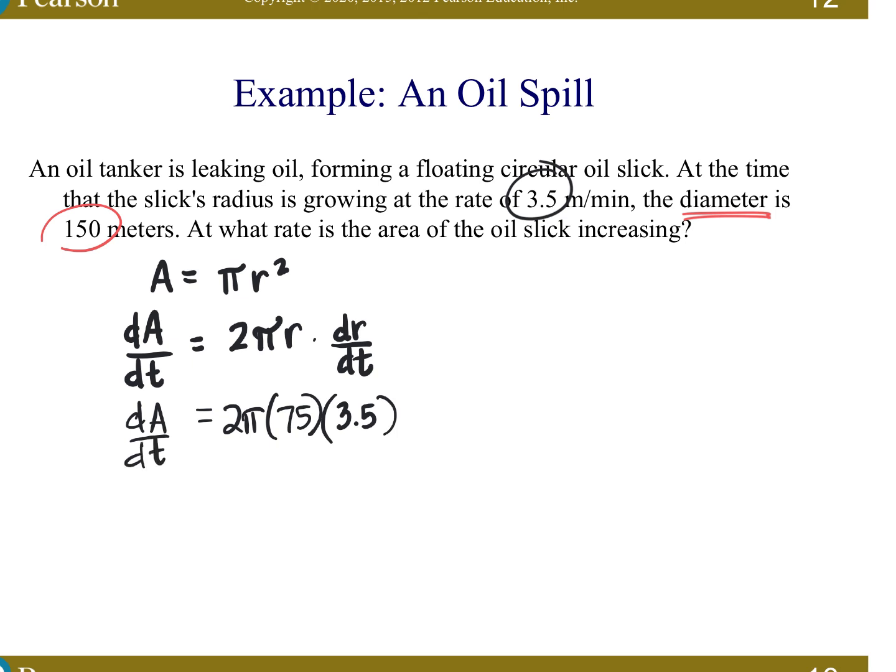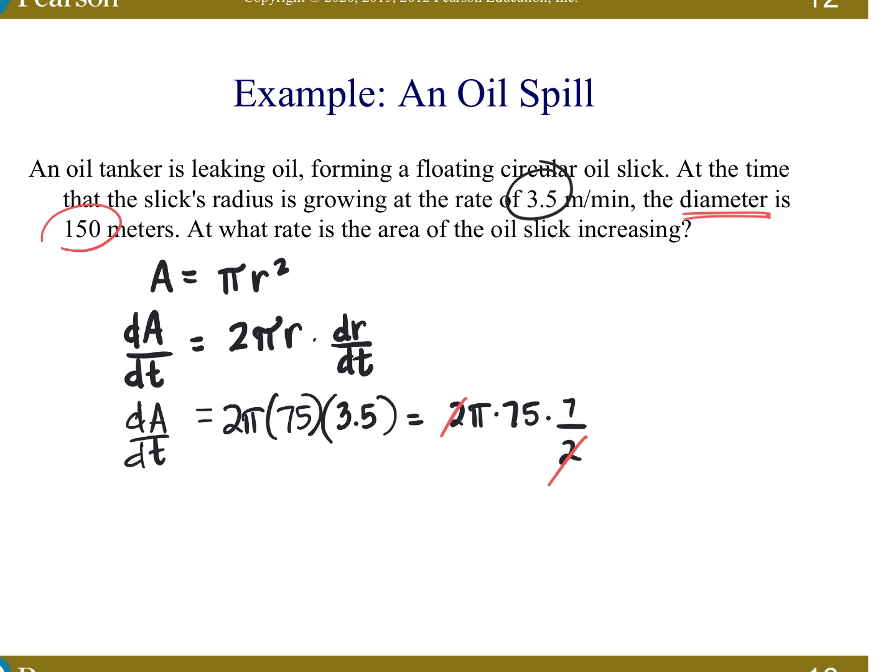I already have what I'm looking for alone, so this is regular old geometry. Since I like fractions, I'm going to do 2 pi times 75 times the fraction for 3.5, which is 7/2. Then I can reduce the 2's, and I just need to know what 75 times 7 is.